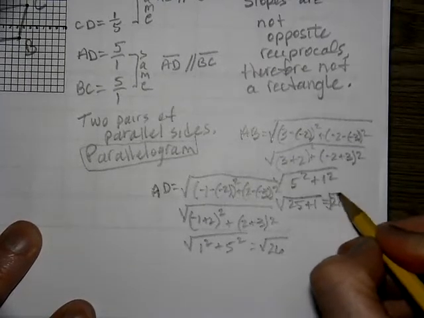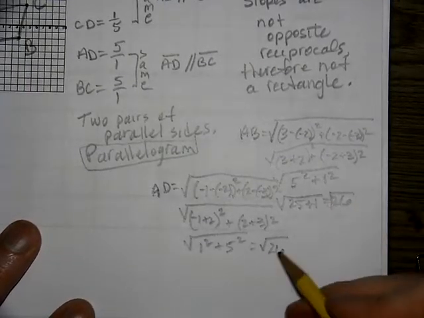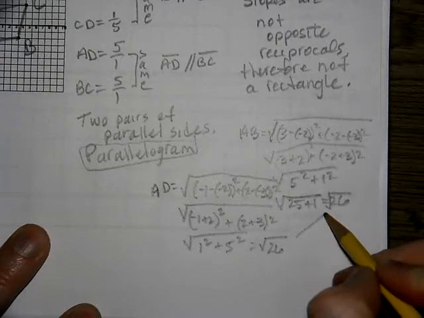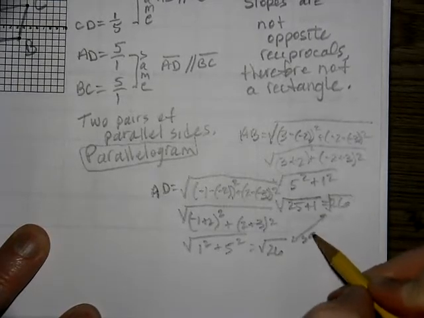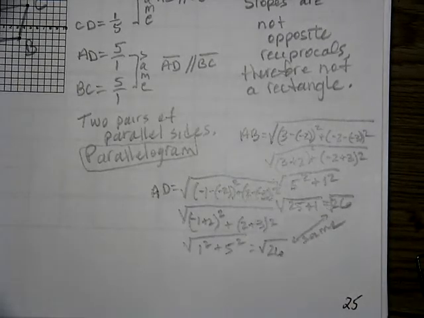This would be square root of 26, by the way. So now we have the same. That's going to give us 4 sides that are congruent, because a parallelogram has opposite sides congruent. So if we show consecutive sides are congruent, we now know that all the sides are congruent.